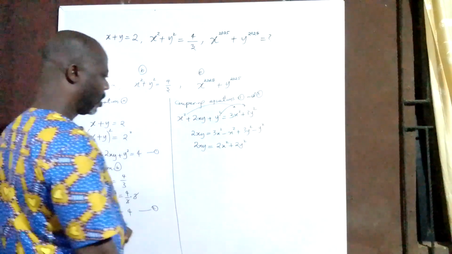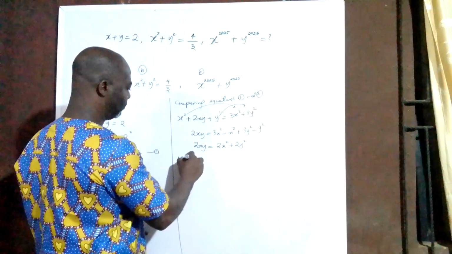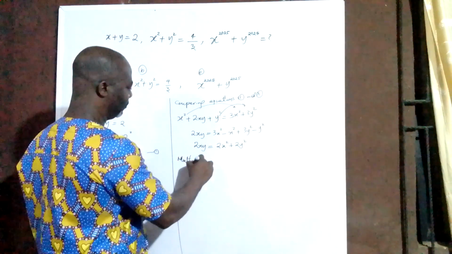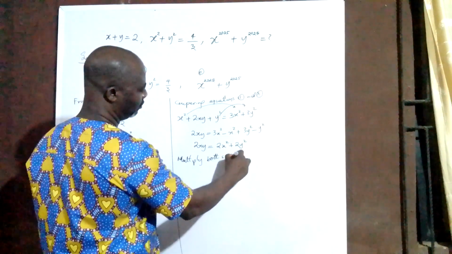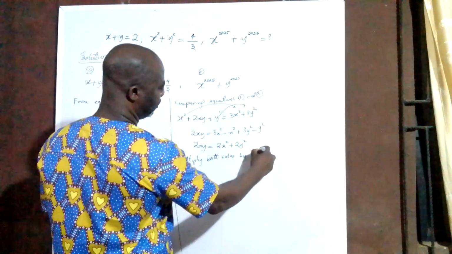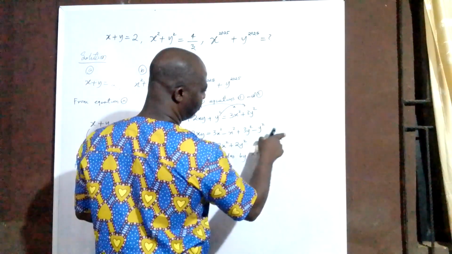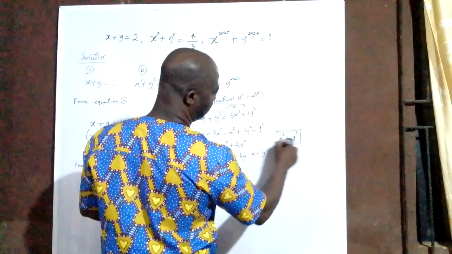Now, I will need to tweak it. Let me multiply both sides by x plus y, so that we can get the term x cubed plus y cubed. It's important to do that.